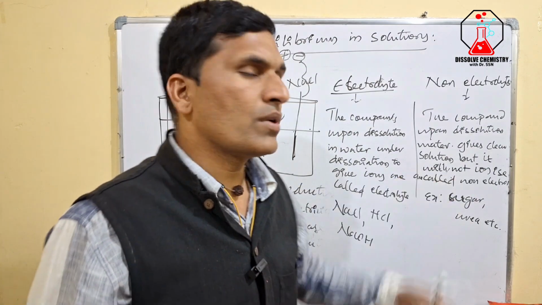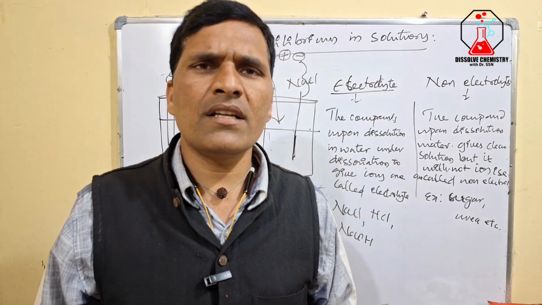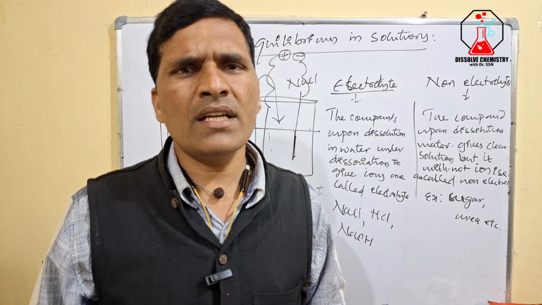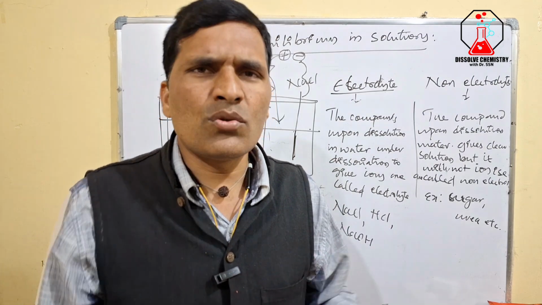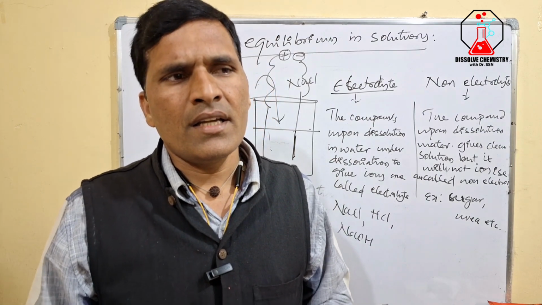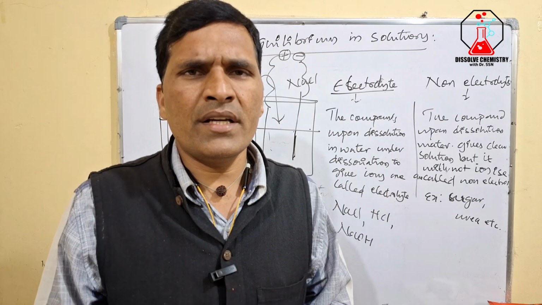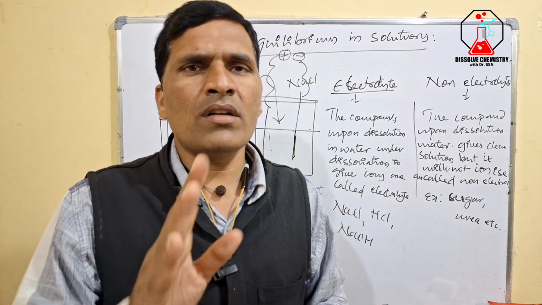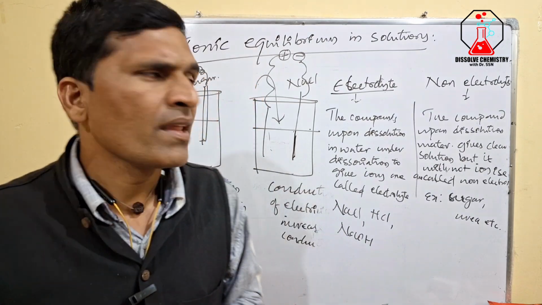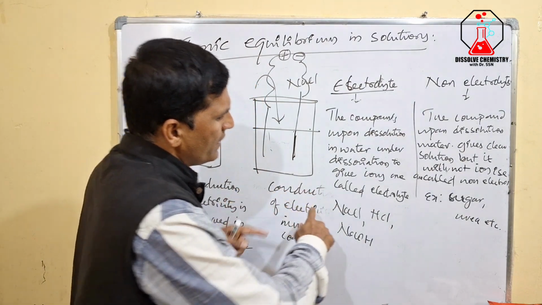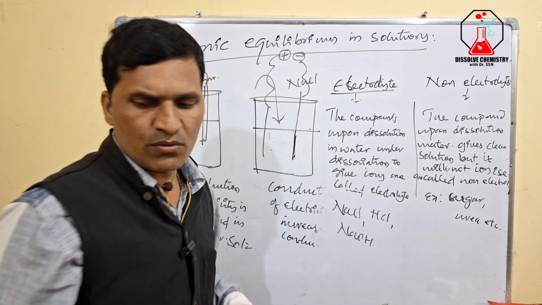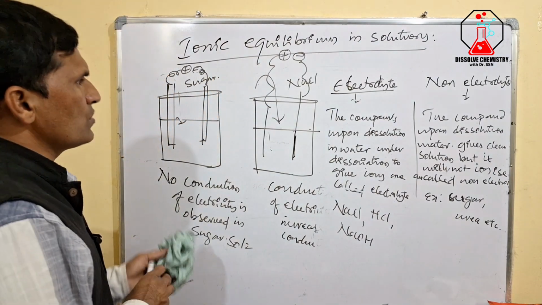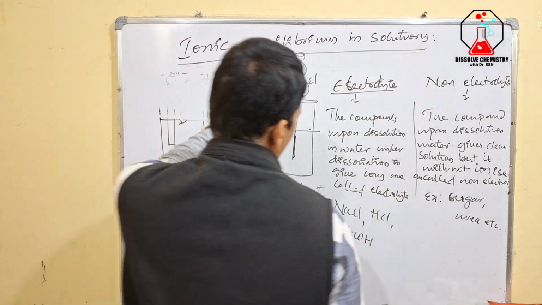Whereas sugar or urea are covalent in nature, with non-polar bonds. They won't dissociate in water. Hence, as they won't dissociate into ions, they won't conduct, and such compounds we call non-electrolyte compounds.